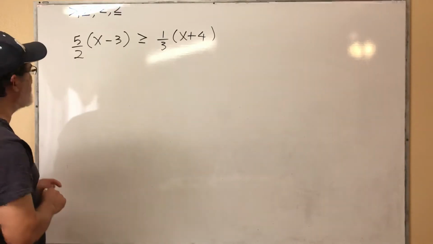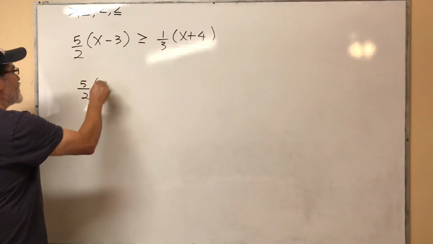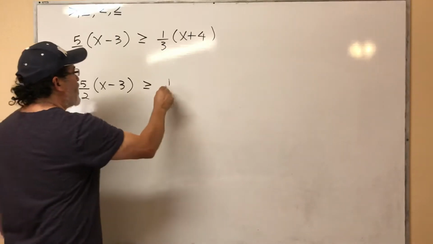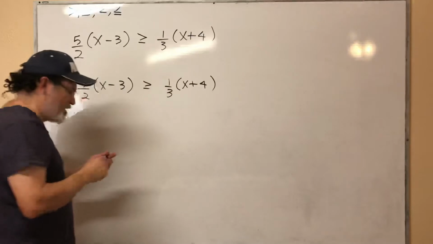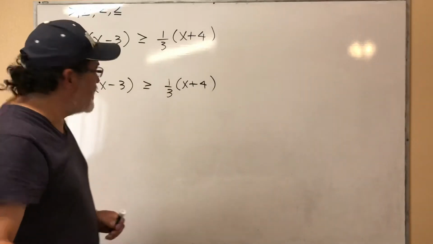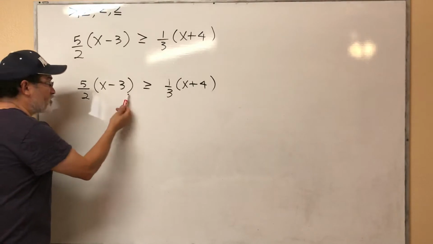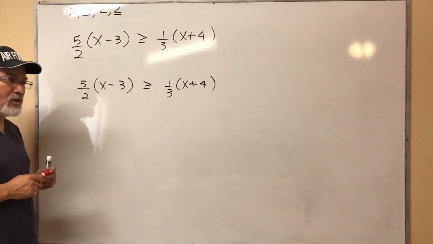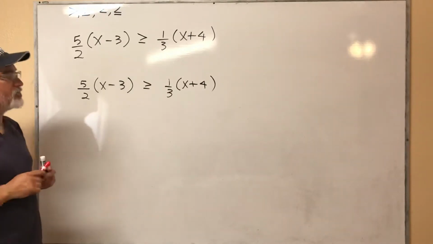So let me rewrite it: 5/2 times x minus 3 greater than or equal to 1/3 times x plus 4. I am not going to worry about parentheses until the fractions are gone. That's the way to do it.